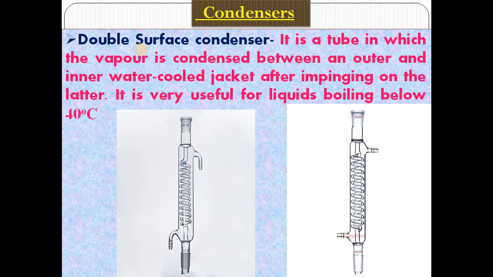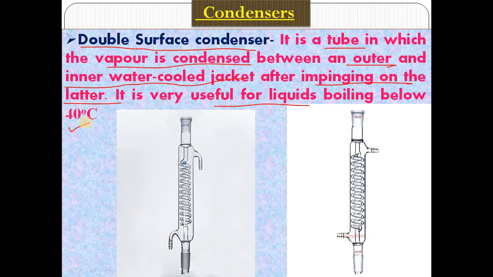Then the third one is the double surface condenser. What is a double surface condenser? It is a tube in which the vapor is condensed between an outer and inner water cooled jacket after impinging on the latter. It is very useful for liquids boiling below 40 degrees Celsius, that is, very volatile liquids. This is the diagram of a double surface condenser.